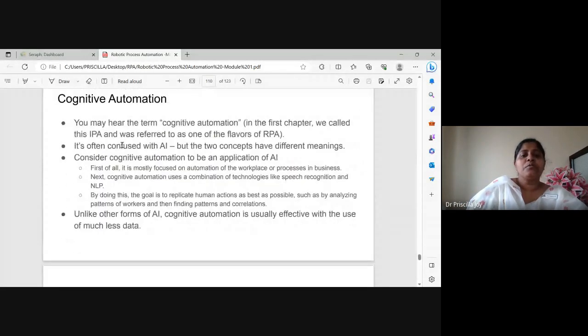So in addition to, we'll be taking into account the cognitive automation too. Previously, when we were dealing with IPA, intelligent process automation, we learned this cognitive automation.